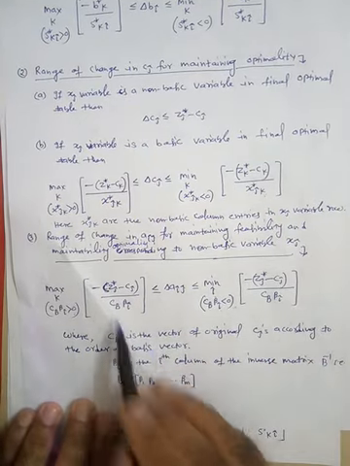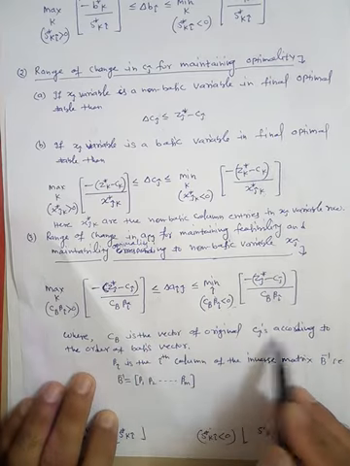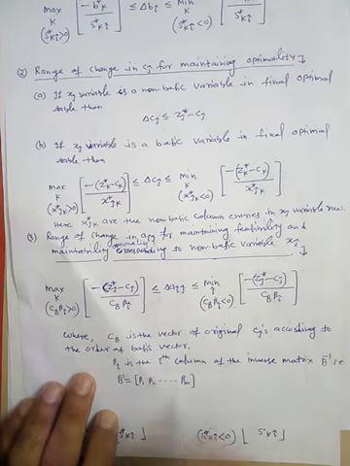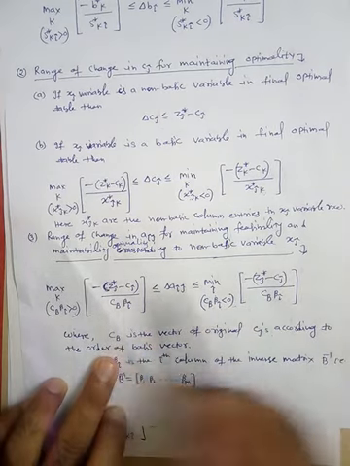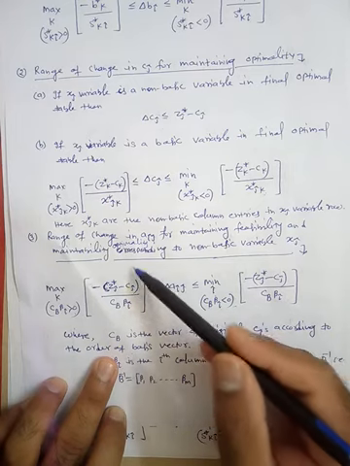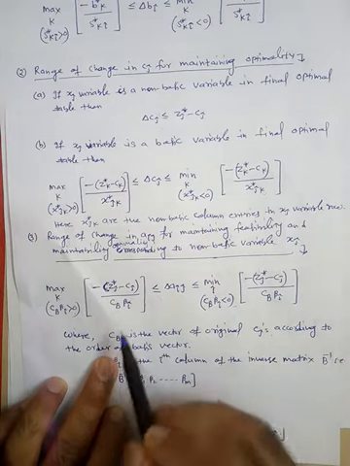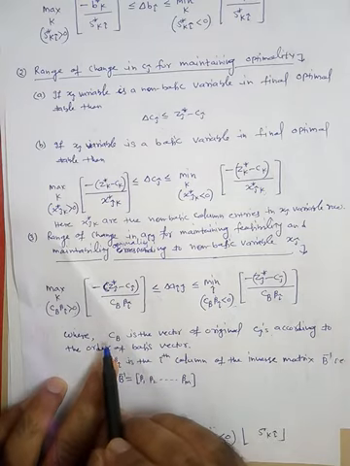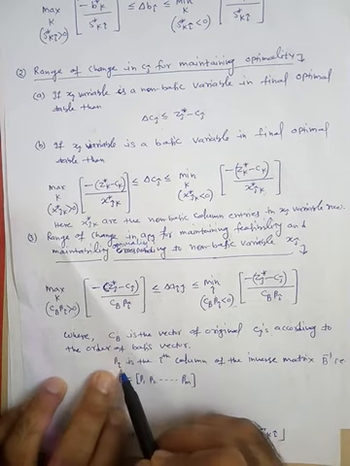What is Cb? Cb is the vector of original Cj's according to the order of the basis vector. So according to the final optimal table, we have some basic variables. Then according to that order, we have to rearrange our cost coefficients, and this is called Cb. What is beta i?